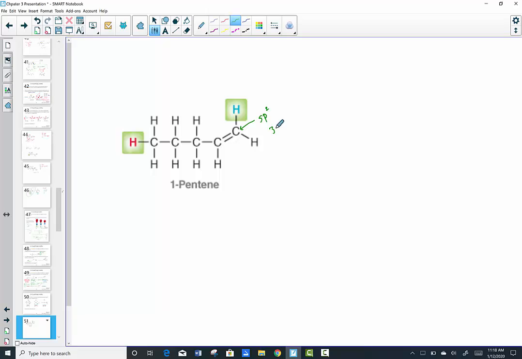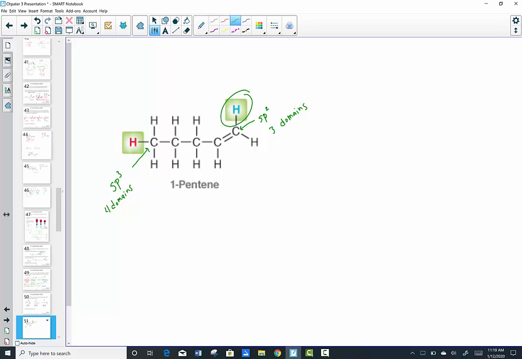The double bond, these 2 hydrogens, would be in second place, and the least acidic would be the hydrogens coming from sp3 hybridized carbons. So from the most acidic to the least acidic: sp is the most acidic, second place sp2, last place sp3.